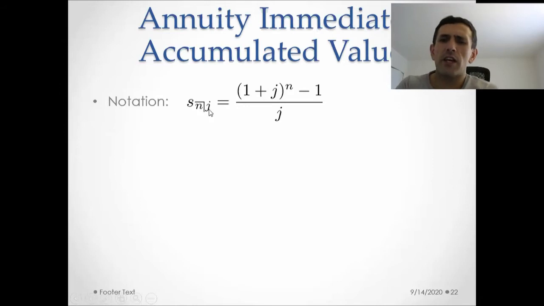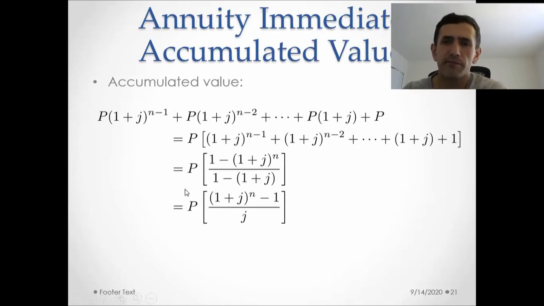Okay, and this has a nice interpretation as the accumulated value of the annuity immediate, where we deposit $1 at the end of each period for n periods at a per period interest rate of J. Why does it have that interpretation? Well, set P to be 1.